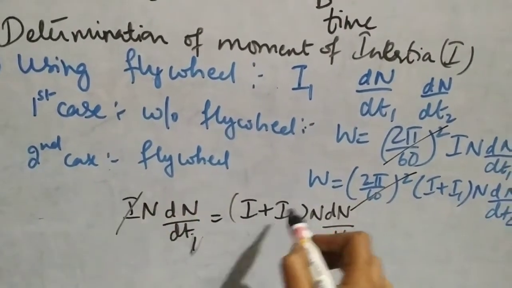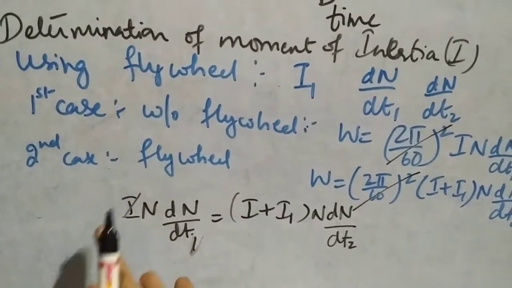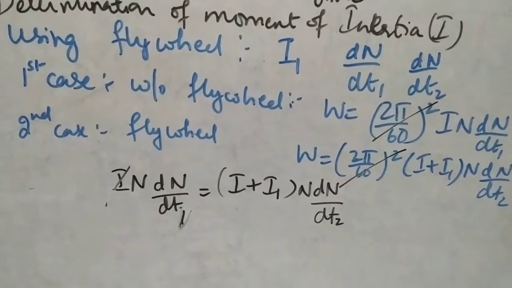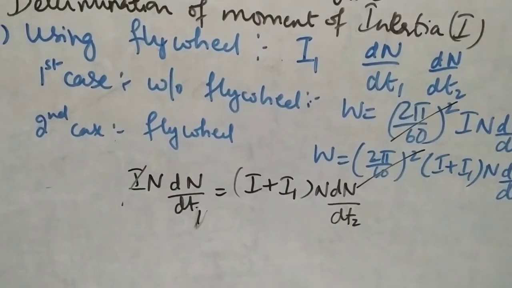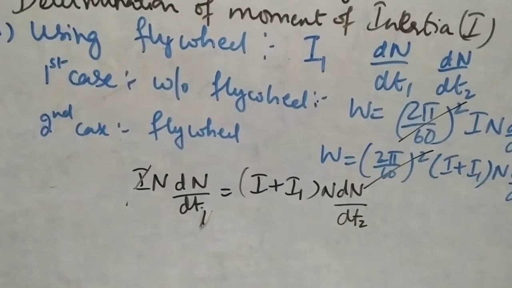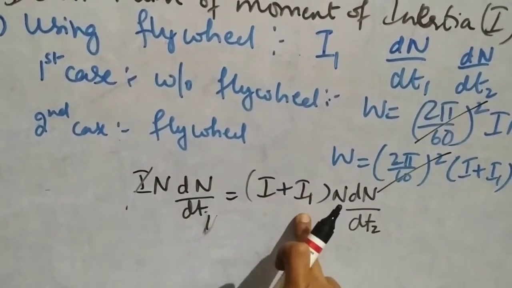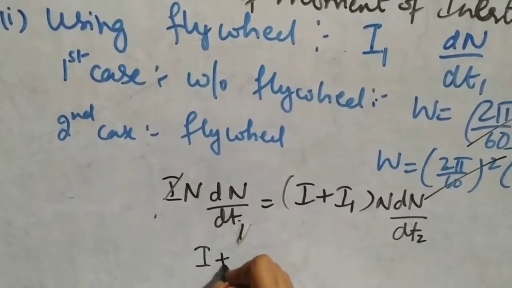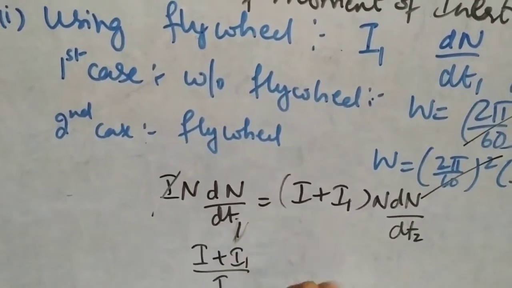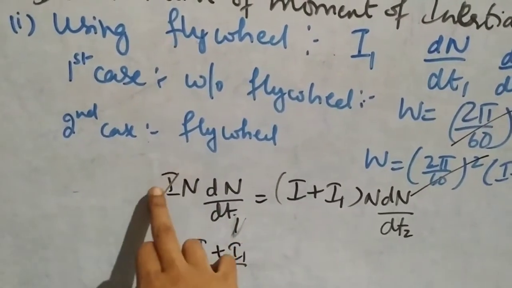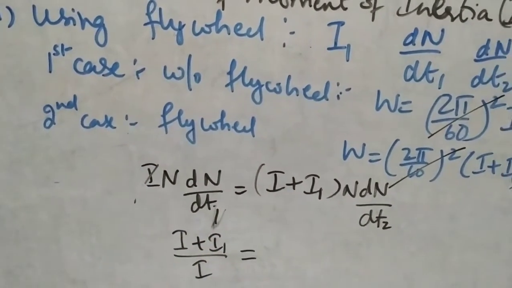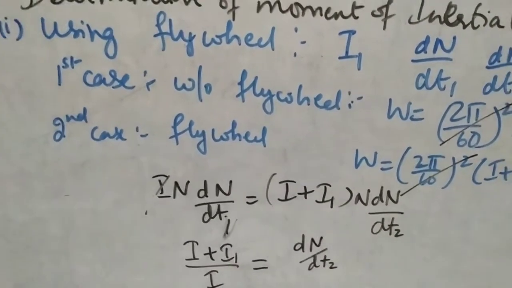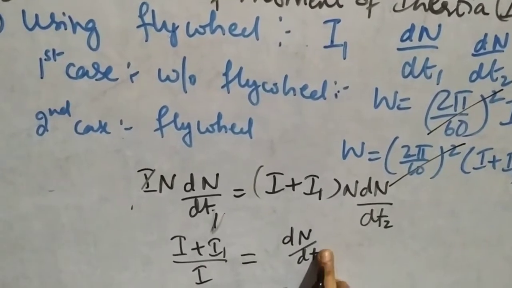N is there on both sides. When we simplify further, we get (I plus I1) divided by I, with I in the denominator, which is equal to dN divided by dt1.